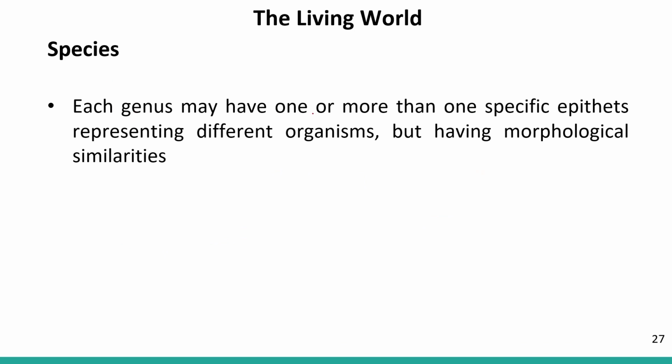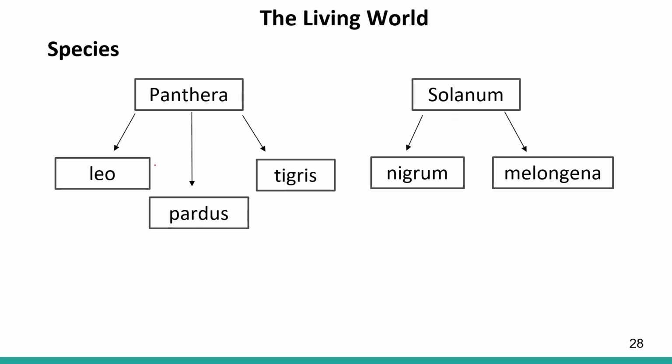Each genus may have one or more than one specific epithet representing different organisms but having morphological similarities. So this is an example: Panthera, which is a genus, can have a lot of species. Again, Solanum in case of plants can have nigrum as species or melongena.